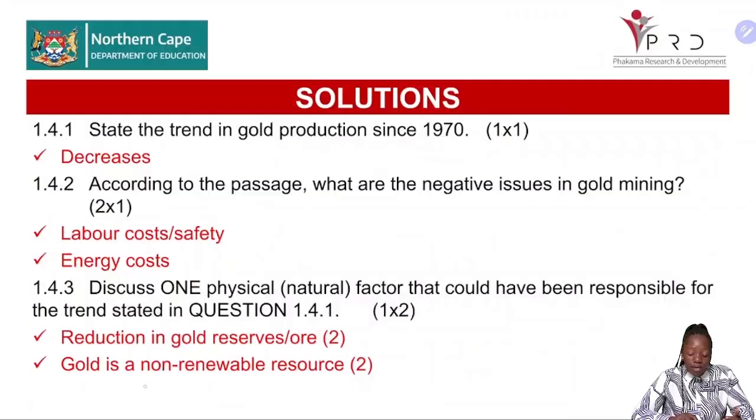So if it is being reduced or decreasing, then it could be another reason why the gold production has decreased. Then we're also looking at gold as a non-renewable resource. If it's a non-renewable resource, once it is depleted, it will never be able to be replaced. So that will decrease the trend.